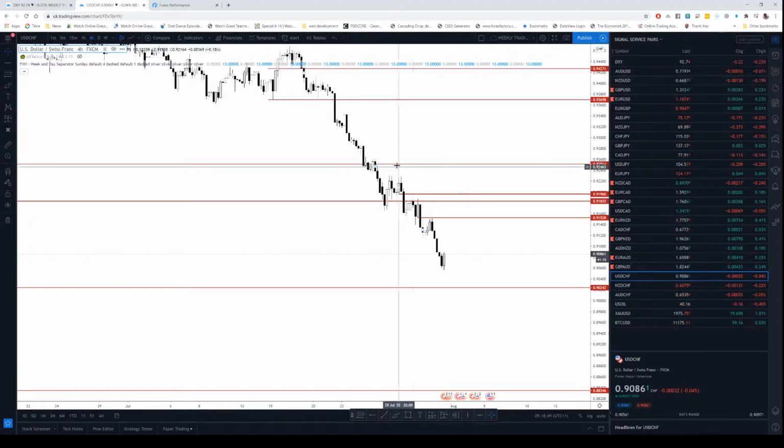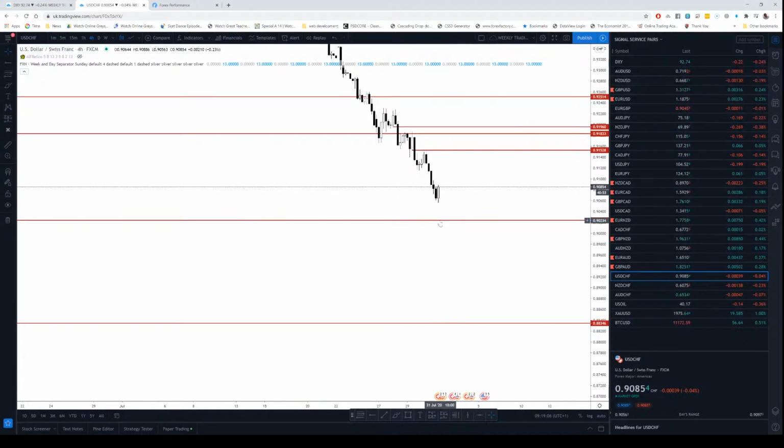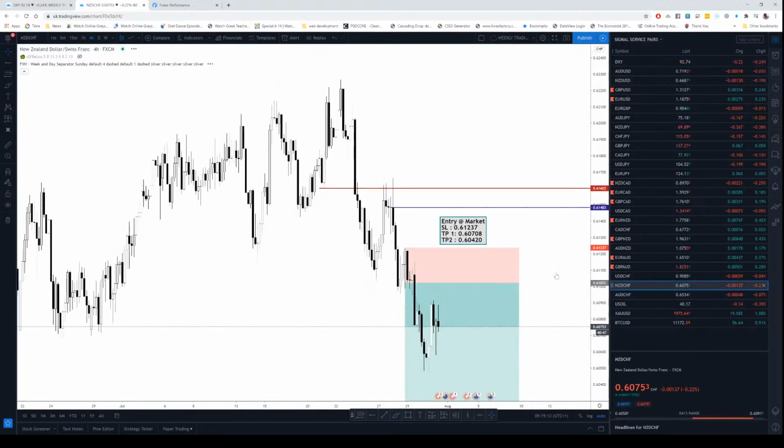Those trying to buy this pair, they give them joy a little bit and then finally kill them off. So be mindful trying to go long. They might kill you off, just like someone was trying to do yesterday. So the next downside objective is there and then there. All right, New Zealand Swiss.